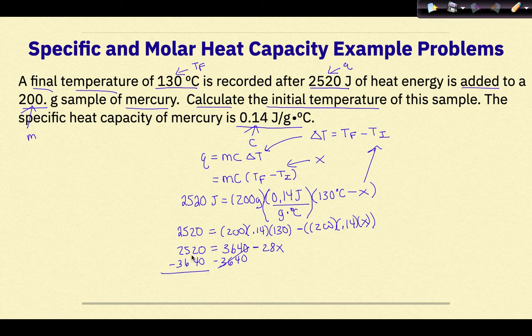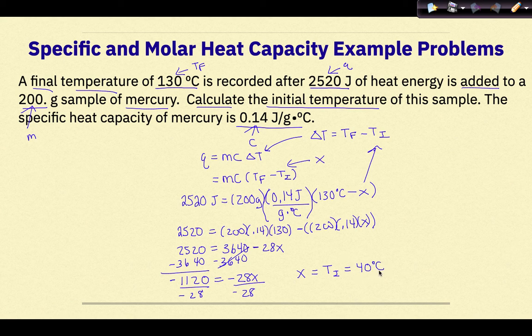The difference here is negative 1120 is equal to, hey, there's a negative in front of there, negative 28x. I divide both sides by negative 28, of course. Negative divided by a negative is a positive. I have solved for x. X, which is equal to my temperature initial, is equal to 40 degrees Celsius.